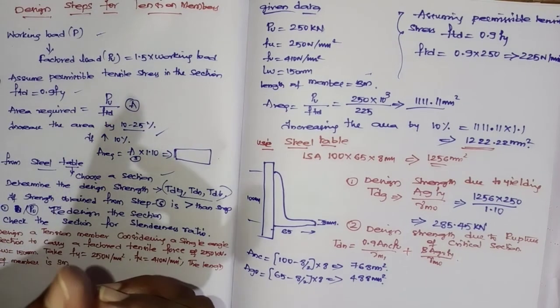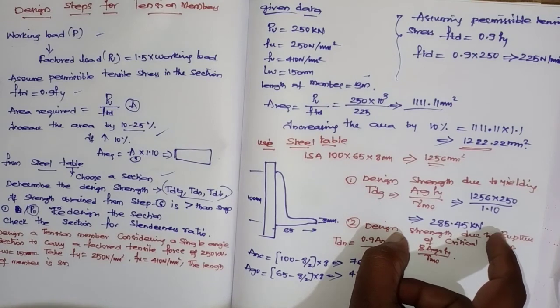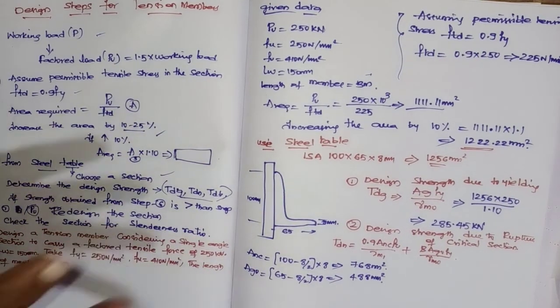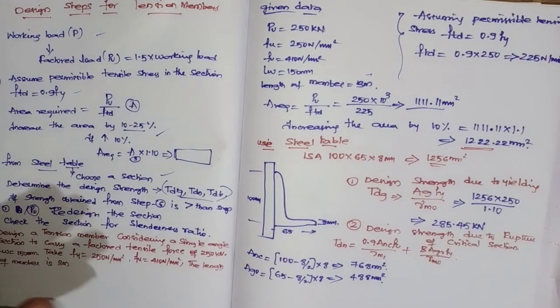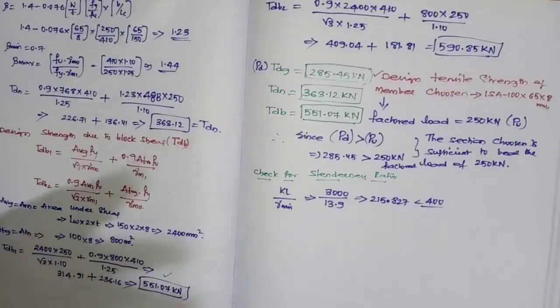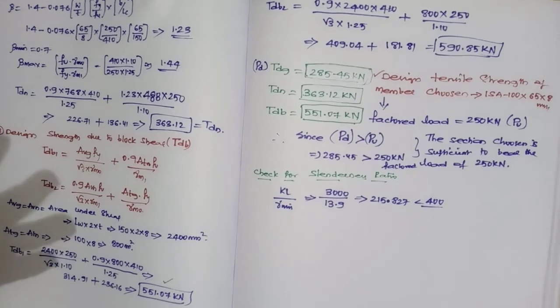For that 125, you calculate the area required, choose the section, and make it double. The procedure, everything will be the same. So that is the only difference between the single angle section and double angle section design.